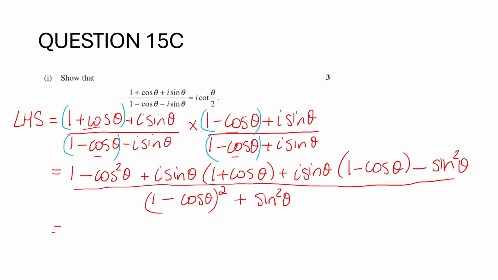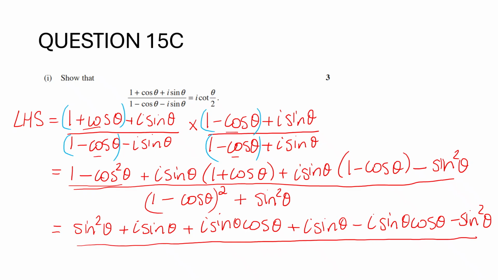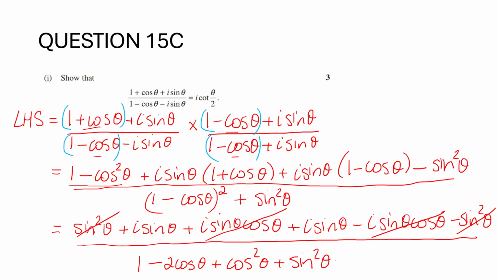All right, expanding and simplifying. This here is sine squared theta plus i sine theta plus i sine theta cos theta plus i sine theta minus i sine theta cos theta minus sine squared theta, all over 1 minus 2 cos theta plus cos squared theta plus sine squared theta, and sine squared take away sine squared is 0, and i sine theta cos theta take away i sine theta cos theta is also equal to 0.